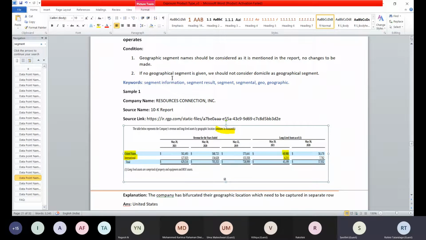That is wrong. We should not put the domicile as a geographical segment. If they have not given any geographical segment detail, we should not put anything. Only if they have specifically given that this is their geographical segment, or that they are operating in this area, then we have to put that as a geographical segment.